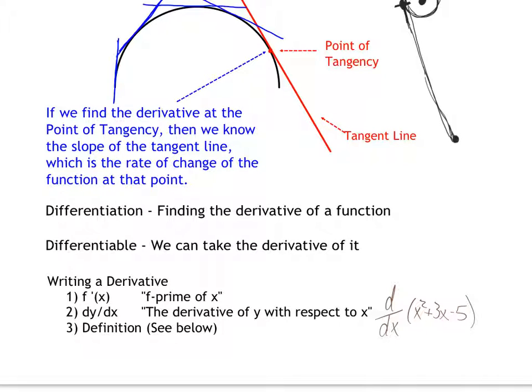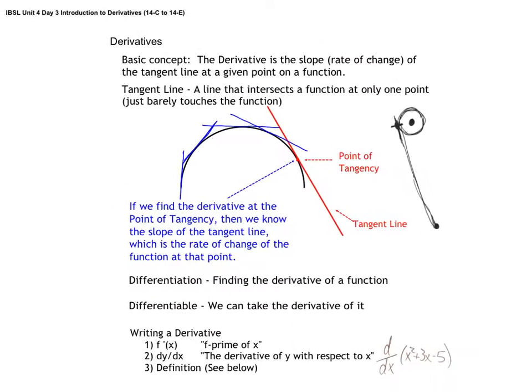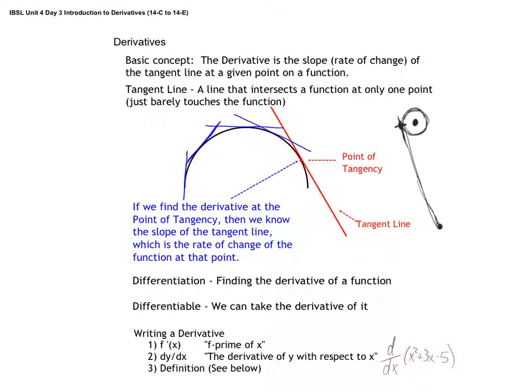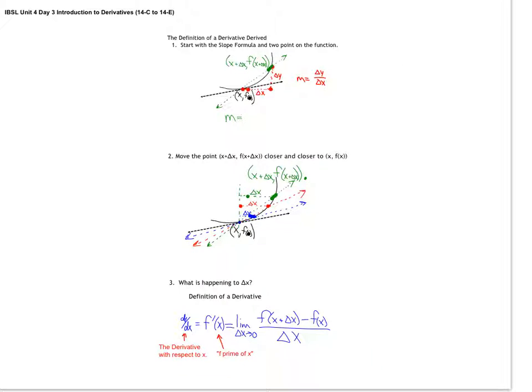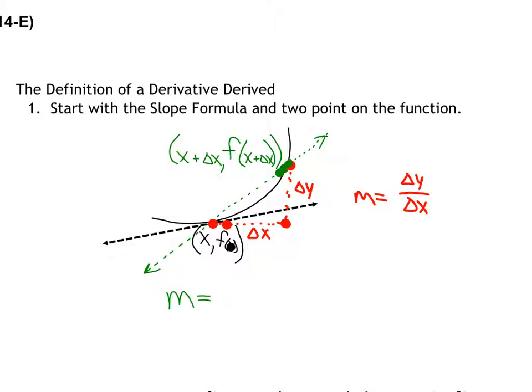Okay. Alright, so let's take and develop this concept and develop the idea of a derivative. We said we were using slope, okay? So we have here the slope formula. We have two different points, and there's some extra dots in there because it didn't export right, but you can get the idea here. We have 2 points.